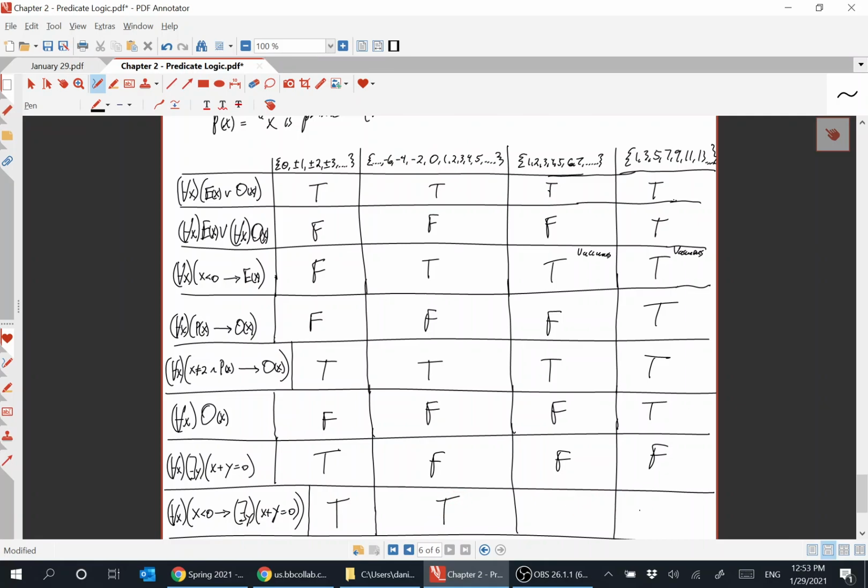For every x less than 0 is false, so these are both true. Again, vacuous. You don't have to state that it's true vacuously. It's just something I want you to be aware of. Okay? So, lots of examples there.